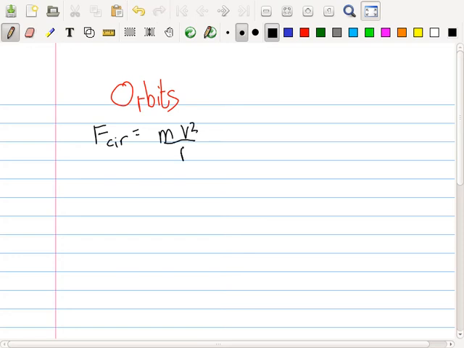Or we have another one: m omega squared r. And we also have omega equals v over r. And what else did we have? L equals r theta.